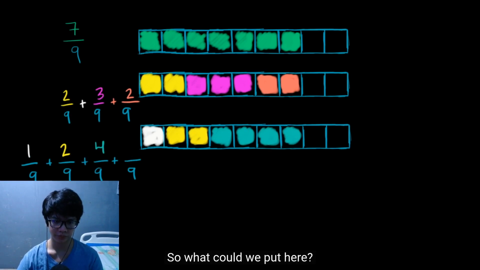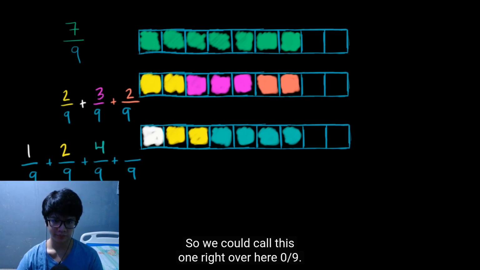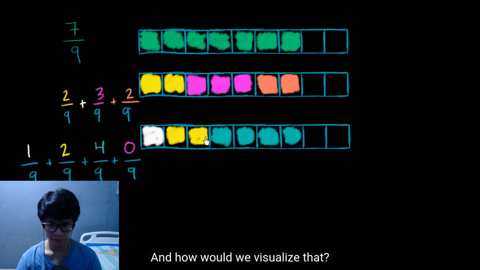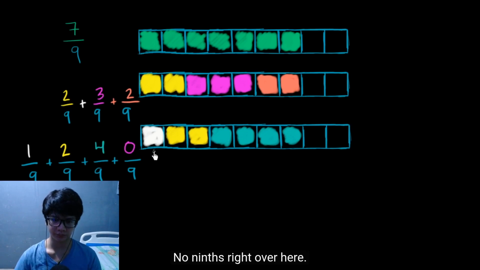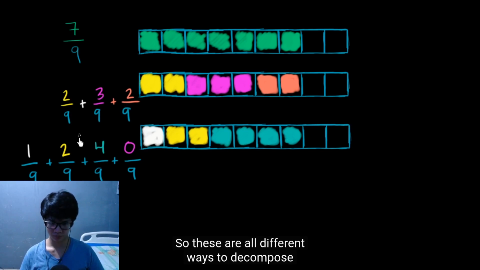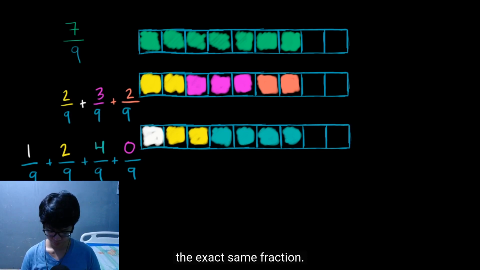So what can we put here? Well, we could say 0 9ths. Why not? So we could call this one right over here 0 9ths. And how would we visualize that? Well, we're saying no 9ths right over here. So this is 1 9th plus 2 9ths plus 4 9ths is equal to 7 9ths. So these are all different ways to decompose the exact same fraction.